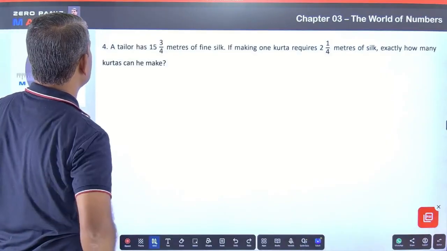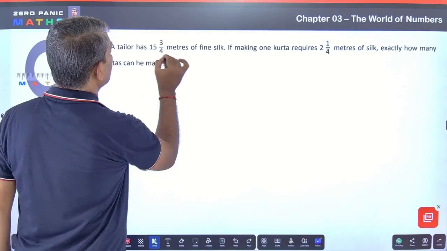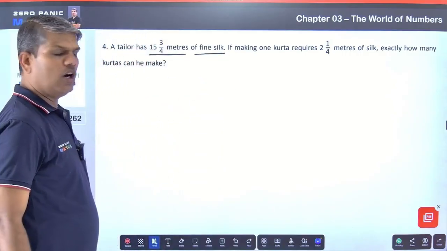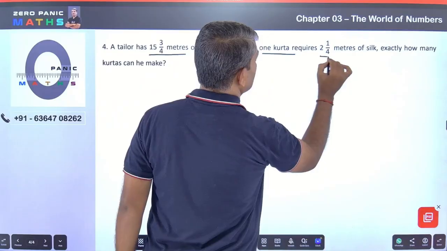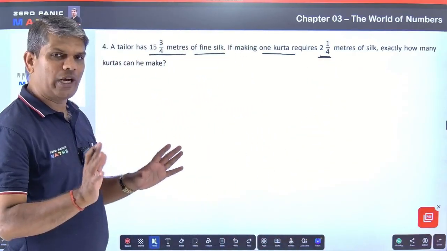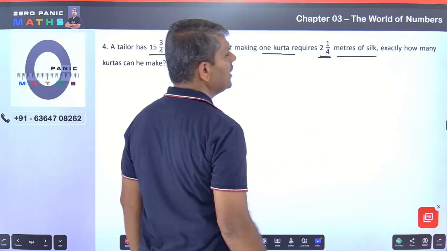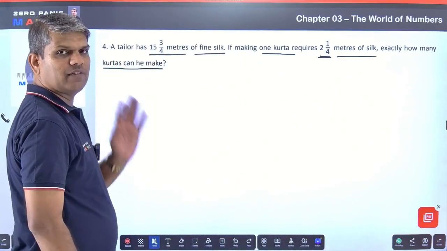The next problem says a tailor has 15 and 3 by 4 meters of fine silk. If making one kurta requires 2 and 1 by 4 meters of silk, exactly how many kurtas can he make?